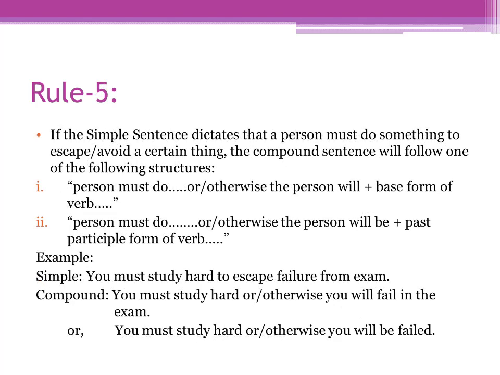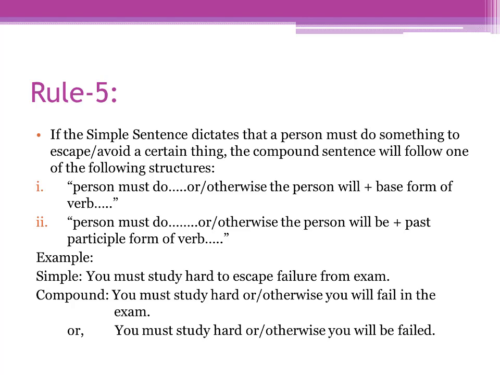Rule 5. If the simple sentence dictates that a person must do something to escape or avoid a certain thing, the compound sentence will follow one of the following structures. Structure 1: Person must do ... or otherwise the person will plus base form of verb.